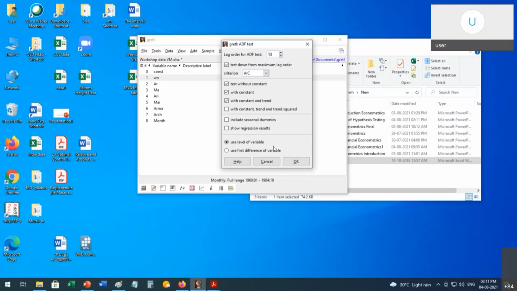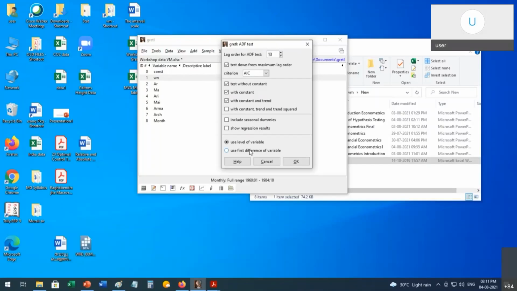Second difference. So we do the unit root test with the second difference. And if we find that there is no unit root, then we stop there. And we say that we have, in this case, 1, 2, that is 2 unit roots. If again in the second difference we find a unit root, then again we have to difference and see whether there is a unit root in the third difference variable.